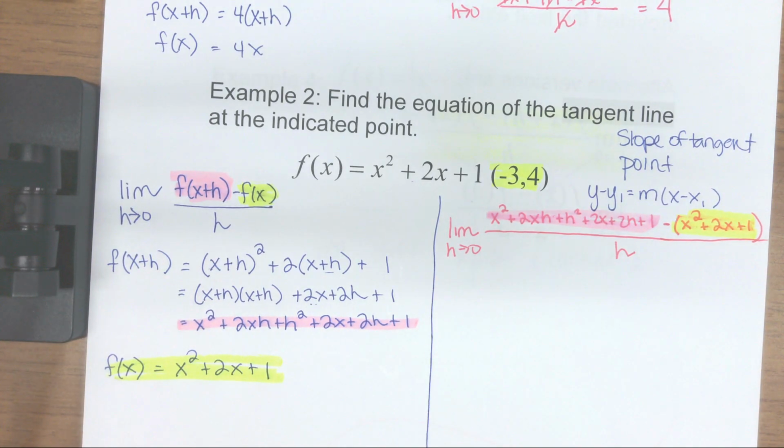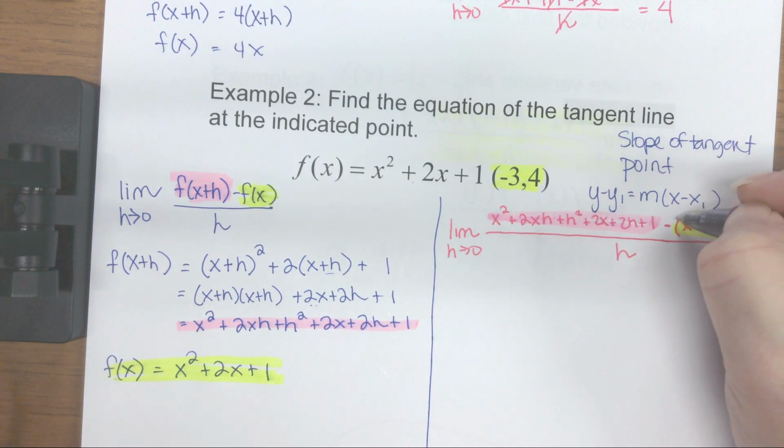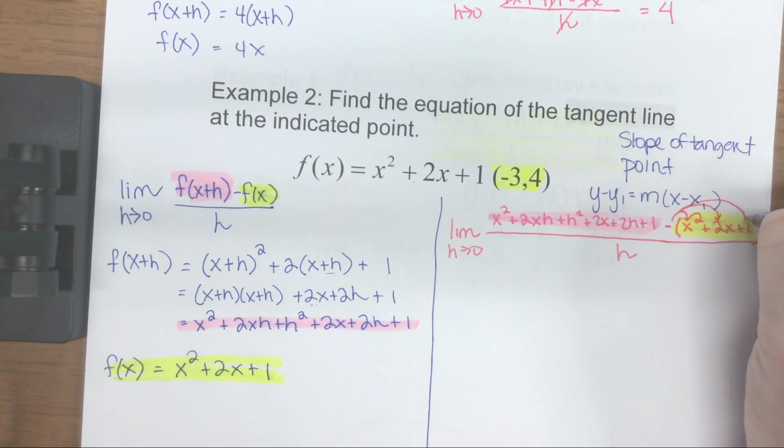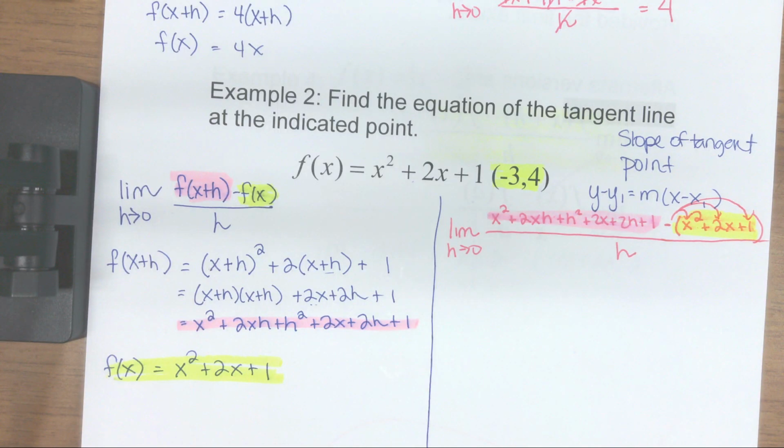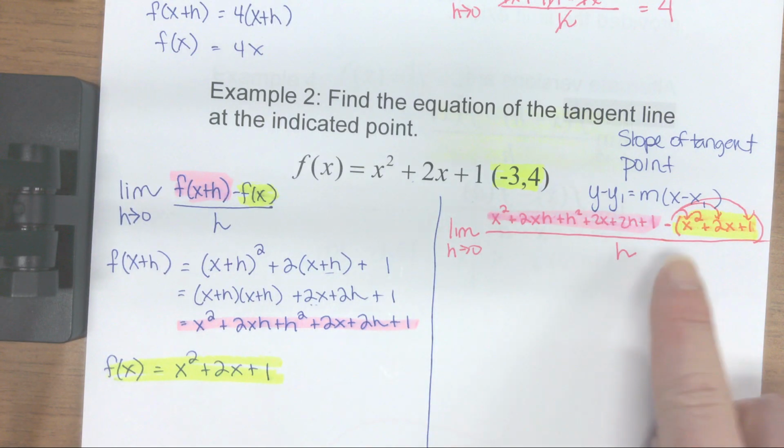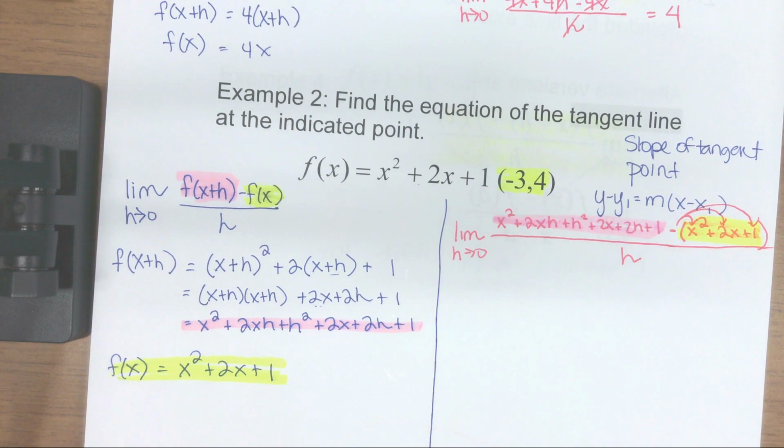So here's what I'm going to have you do with your groups in your tables. If this negative applies to everything in here, can you guys cancel some things out for me? Just talk it through with your table mates. On the top, if this negative applies to everything in that parentheses, let's talk about what things you can cancel.